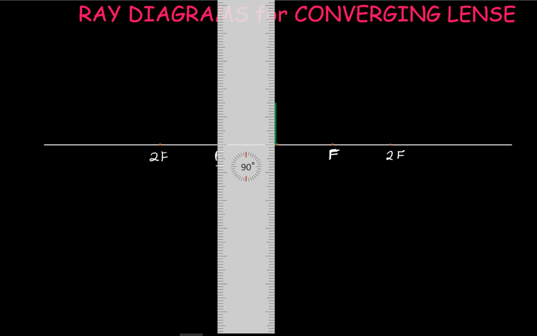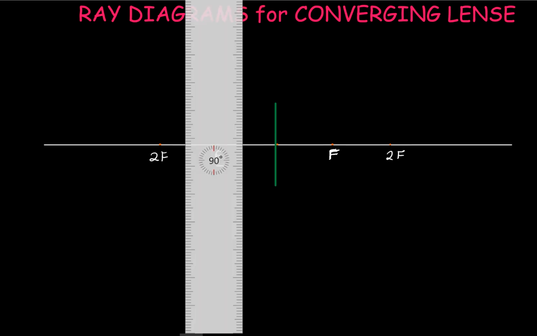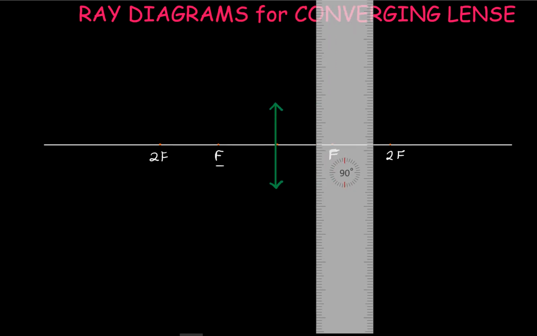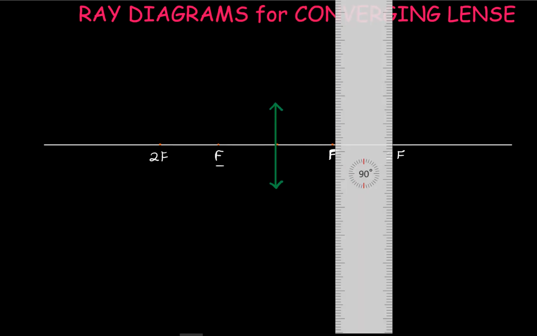If I draw an arrow up and an arrow down, this is the symbol for a lens. So I have marked my f, I have marked my 2f, and now it's time to start drawing the ray diagram. For a ray diagram I first need to decide where I'm going to place my object.